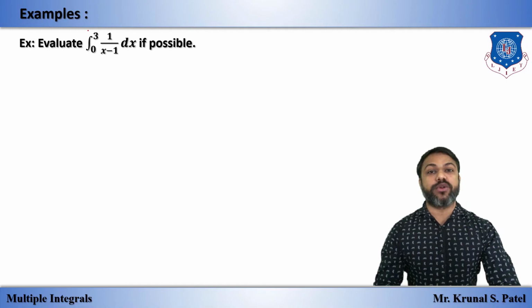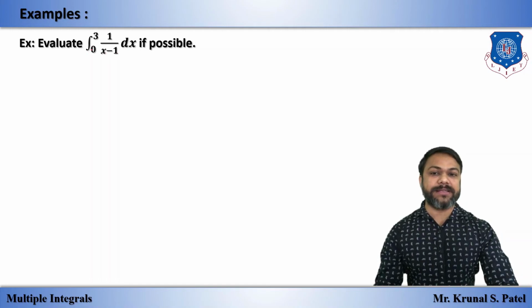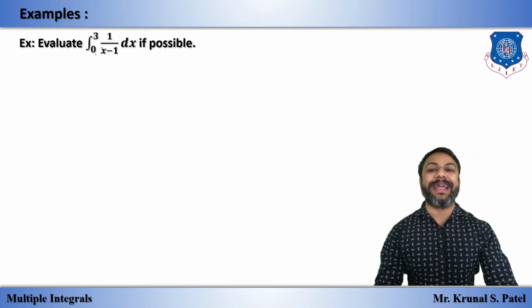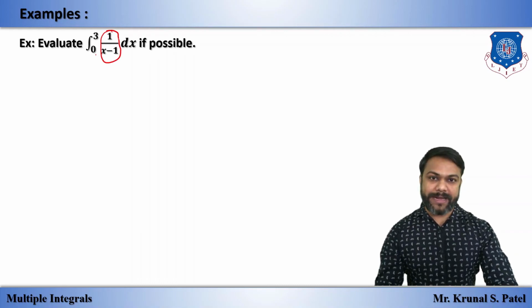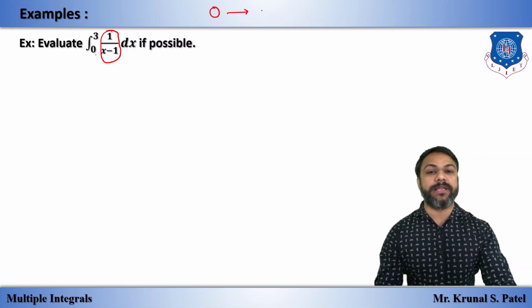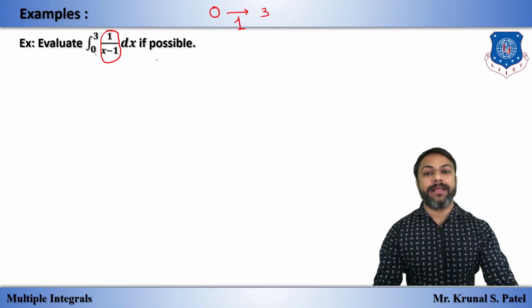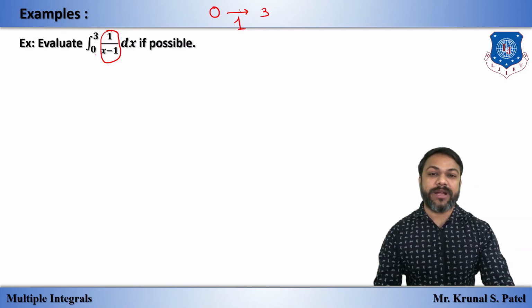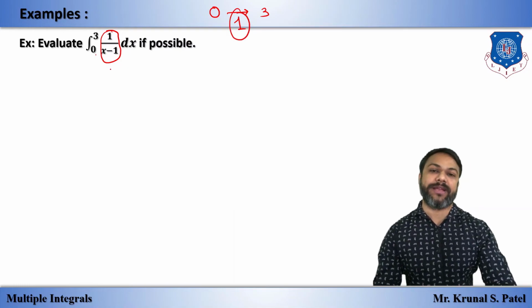Evaluate the integration from 0 to 3 of 1 upon x minus 1 dx, if possible. Here you can see at 0, minus 1 it is minus 1, so 1 upon minus 1 is finite. At 3 it is also finite, that means at the end points the given integrand is finite, but in between 0 to 3 there is 1, and at 1, x minus 1 is 0, 1 upon 0 is infinite, so at 1 this integral becomes infinite.